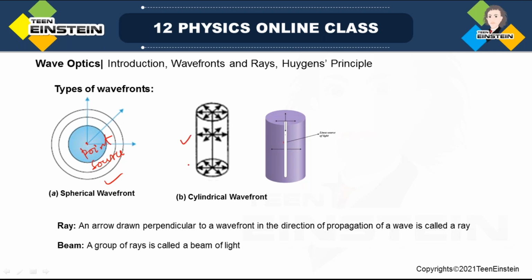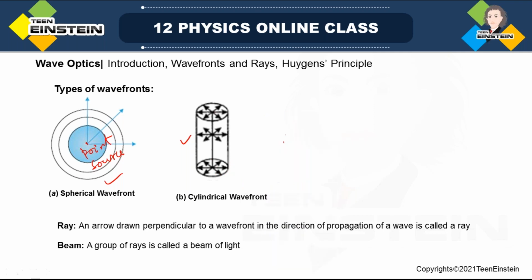In this case also, the waves get distributed all over the circumference of the cylinder, and the shape will be cylindrical. So this is called a cylindrical wavefront.